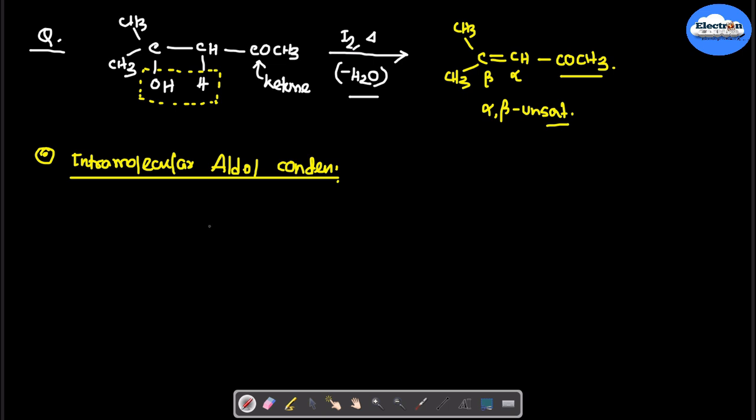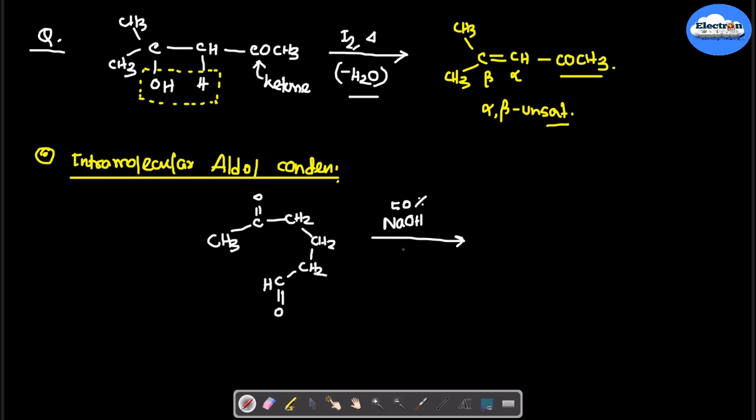Okay, so let me give an example: CH3, then it is bonded to C double bonded O, then further it is bonded to CH2. I am writing in a curved manner, because it will then be easy to understand. So here CHO. Now you can see that if a NaOH base, dilute NaOH, 50% NaOH or any other base is used and heat is used, then this hydrogen will be eliminated.